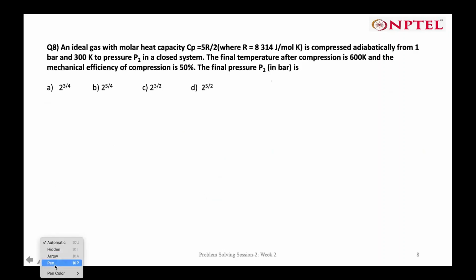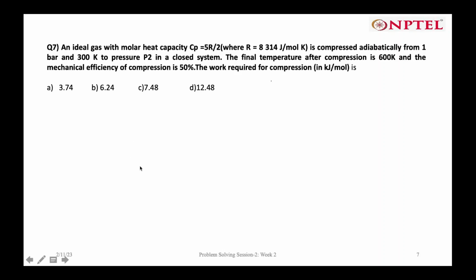The statement is the same as the previous question. So here we have to calculate the final pressure. One minute, sorry. We forgot the compression efficiency, the mechanical efficiency of compression, 50%. So we got the value of W as 3.74 kilojoule per mole.